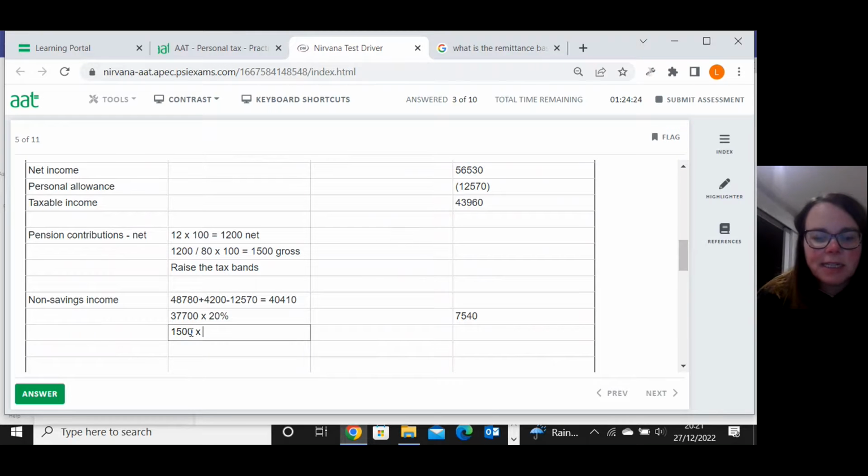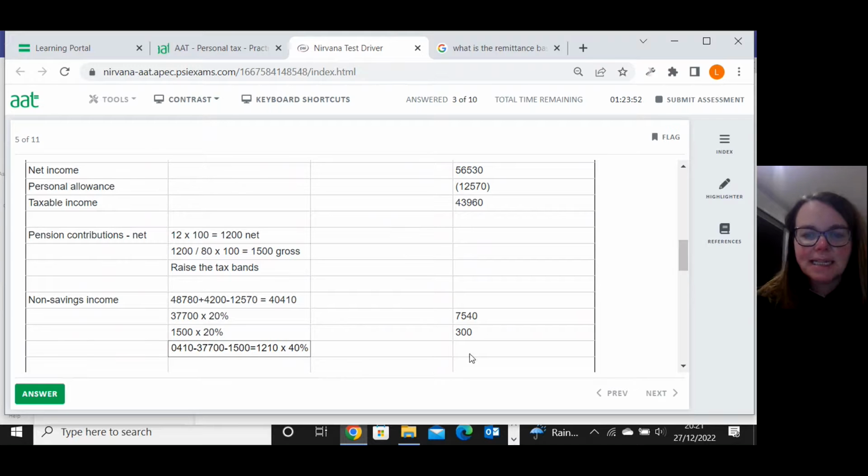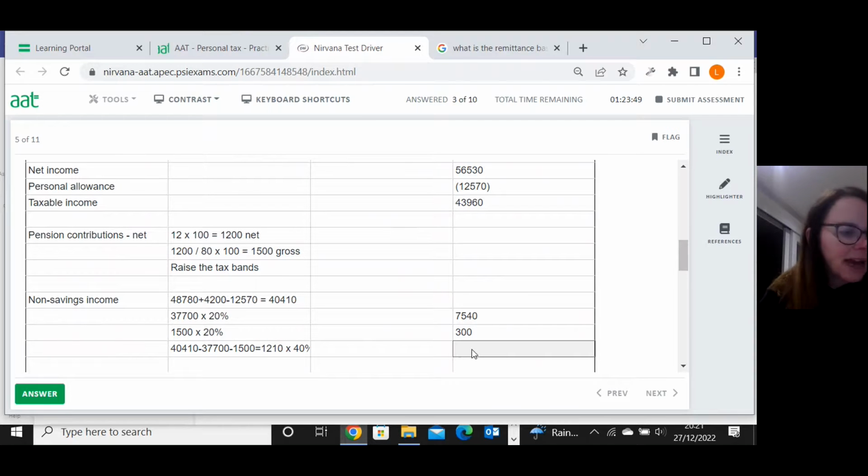So let's put 1,500 at 20%, which is £300. And then we can work out how much we've got left to do. So 40,410 minus the 37,700 minus the 1,500 equals 1,210. Let's just check. Yeah, so we've got 1,210 left that we're going to do at 40%. So that gives us a figure of 484.